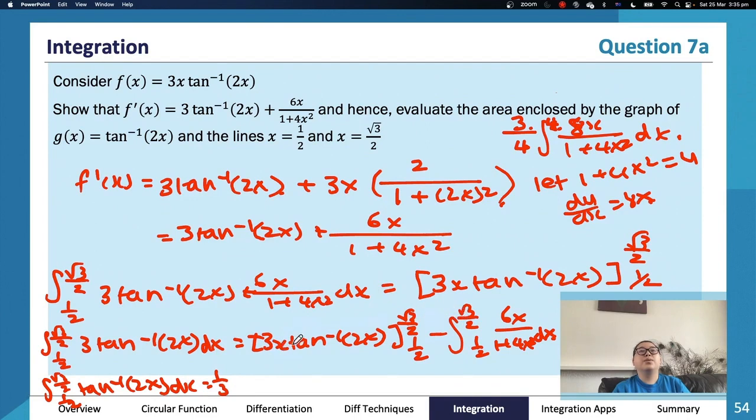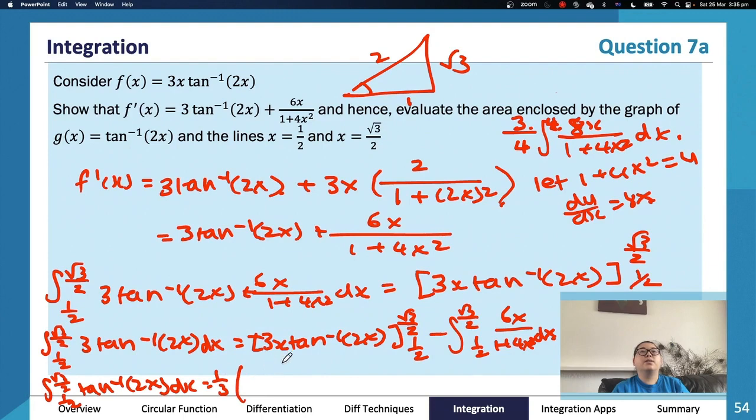So root 3 over 2, and tan inverse of root 3, if we use our triangle, that's root 3, that's 2, that's 1. So tan inverse of root 3 would be pi on 3. So it's going to be root 3 on 2 times pi on 3.